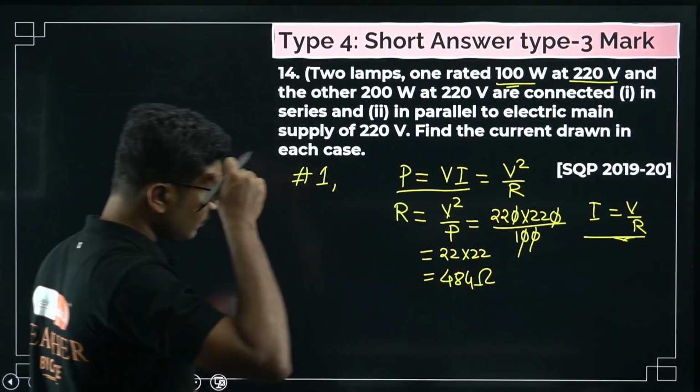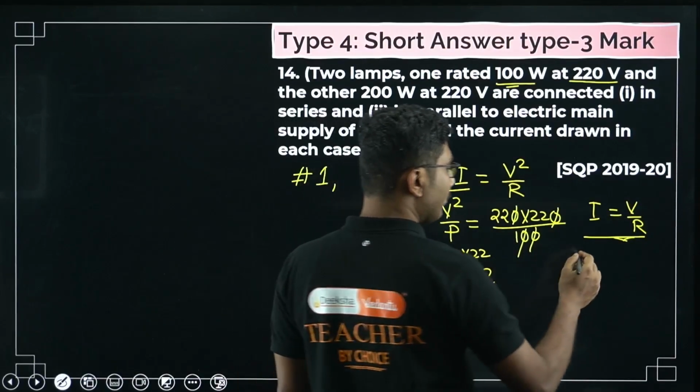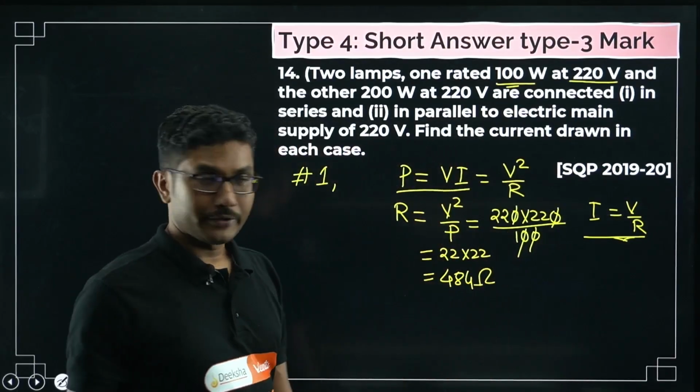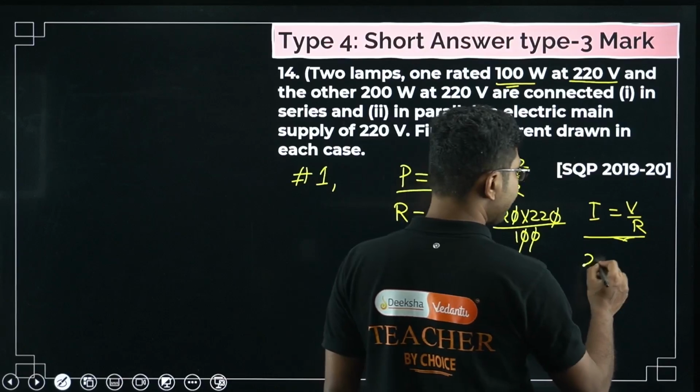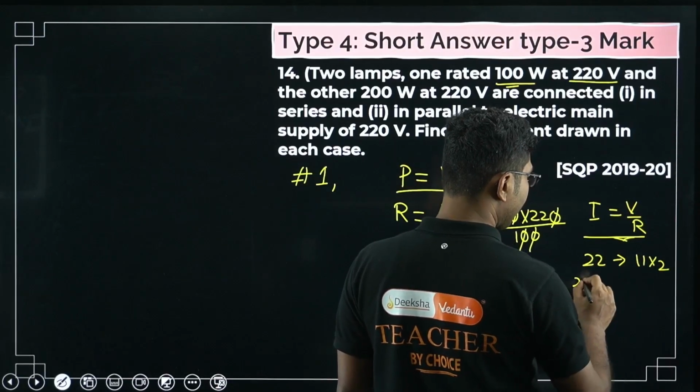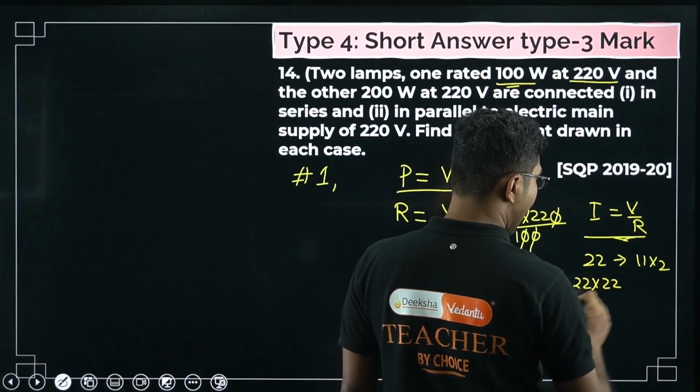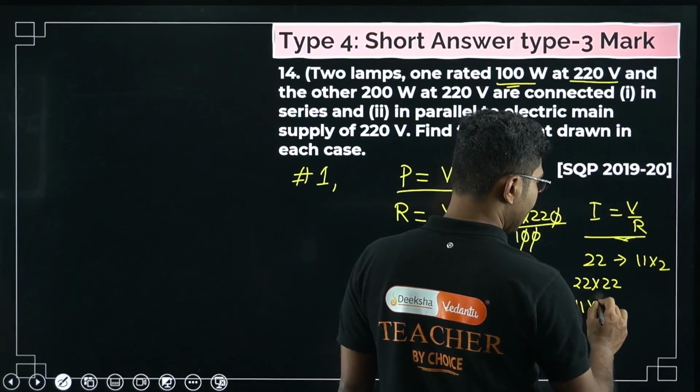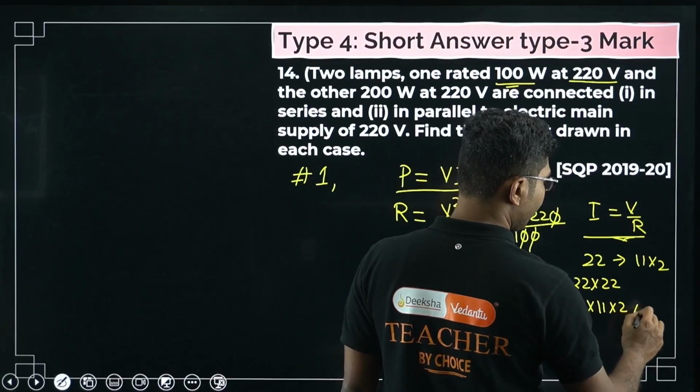So how did I do it? If you don't remember 22 into 22, then remember that 22 is basically 11 into 2. So you can write 22 into 22 as 11 into 11 into 2 into 2.